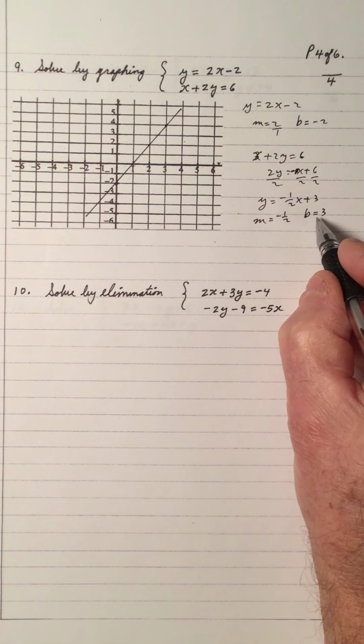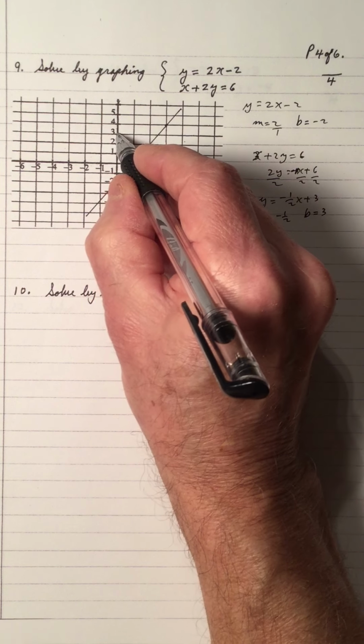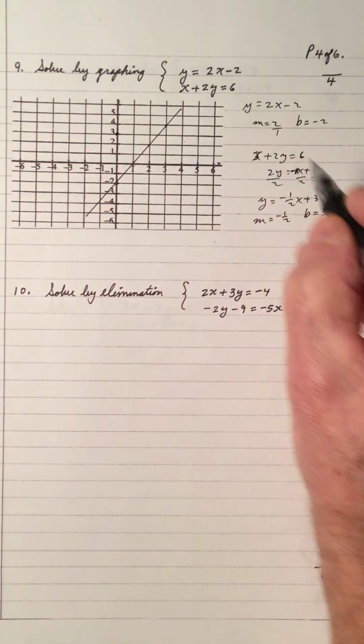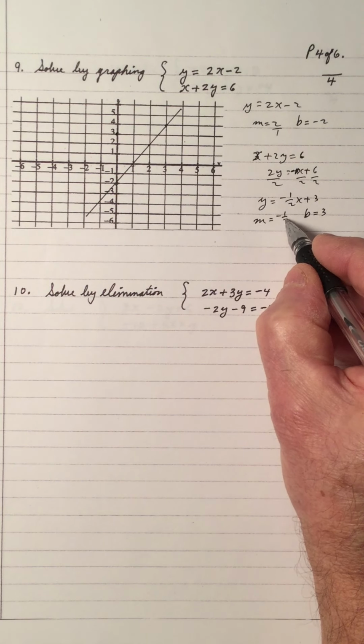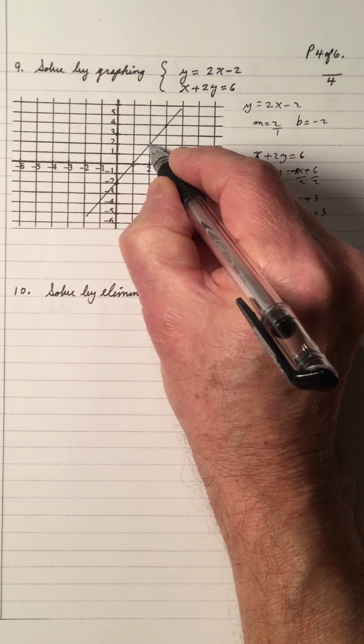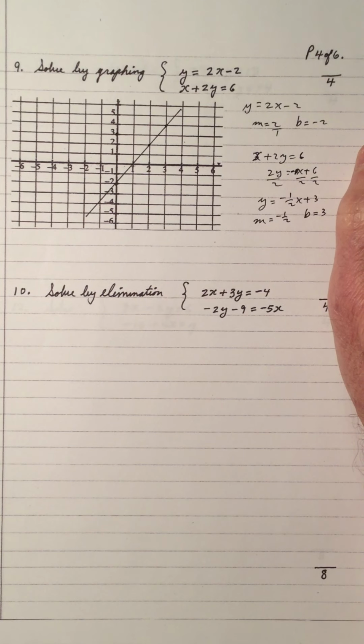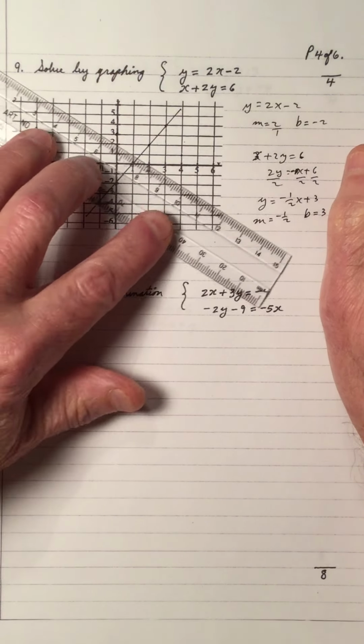We plot the y-intercept at 3, and the slope of negative 1 over 2 means down 1, right 2. Down 1, right 2. We draw the line going through those points.